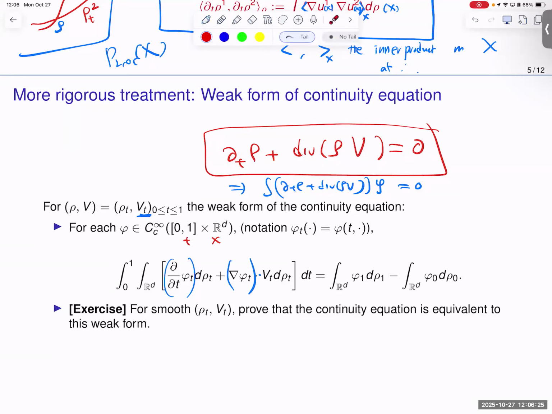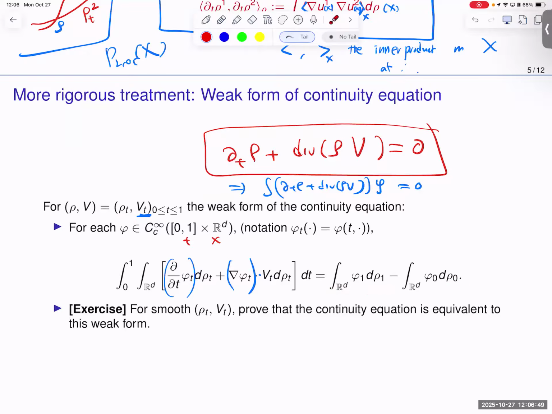Integration by parts. I'm just checking whether my sign is correct. But hopefully I'm correct. Okay, modulo some possible sign error, we have this on the left hand side, and the right hand side is just this expression. It just respects that this curve, whatever it is, has these initial and final values at time 0 and time 1.